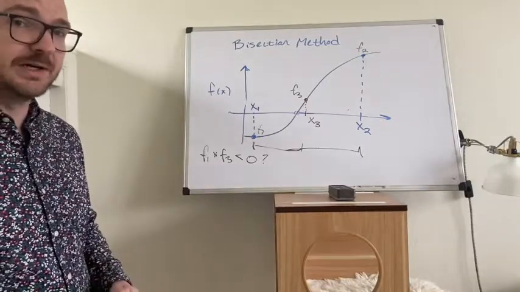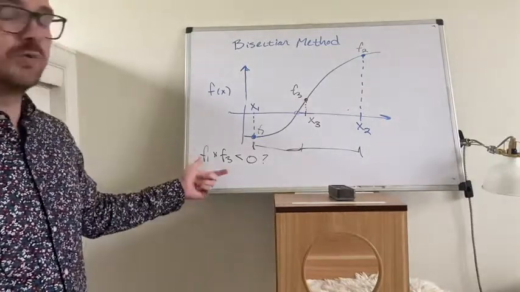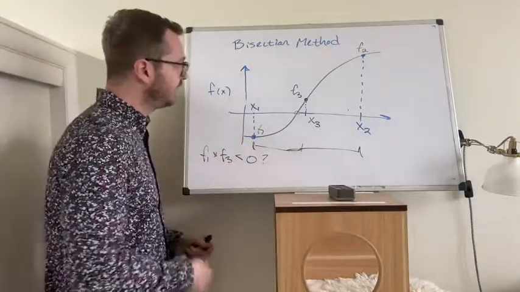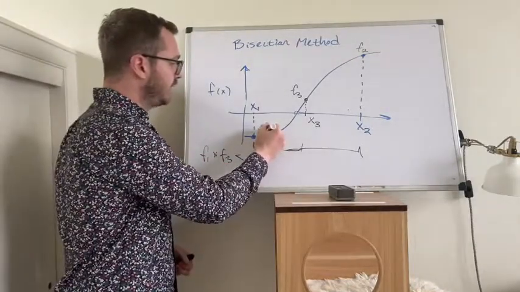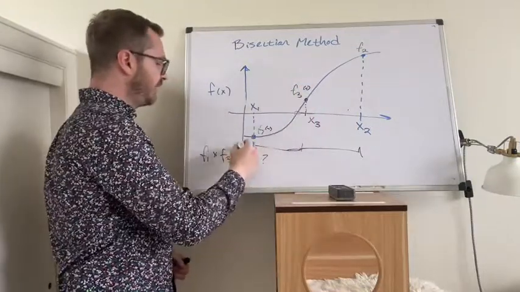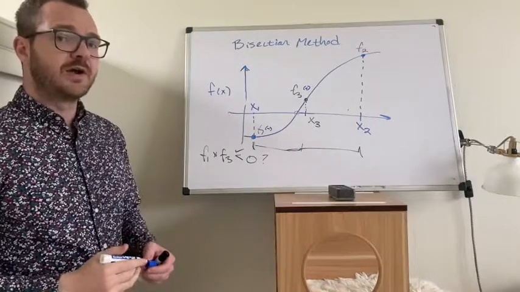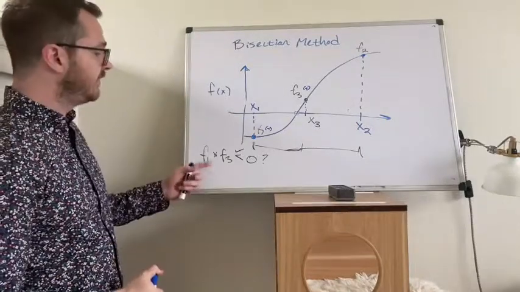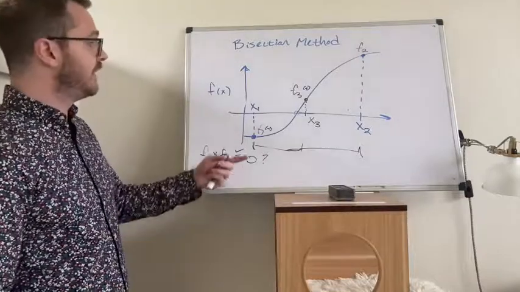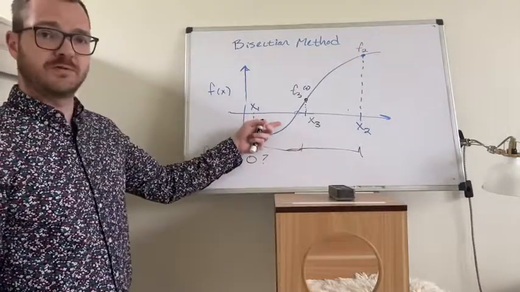And if there's a sign change on the interval, then there's a root in that interval. From the picture, we can clearly see f1 is some negative number and f3 is positive, so this would evaluate as true. And when it does, that tells the programmer that the root is in the first section.